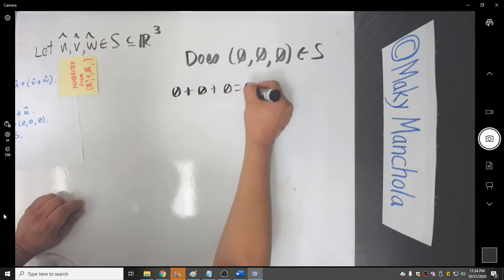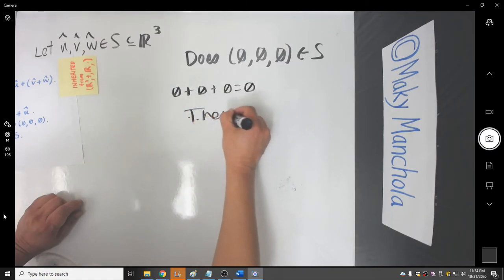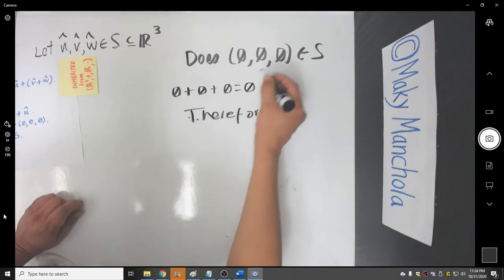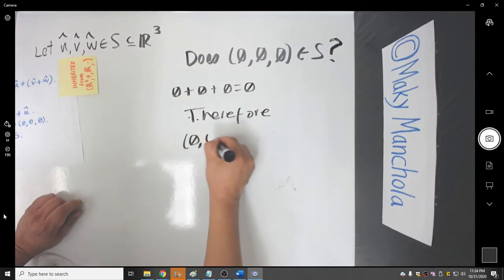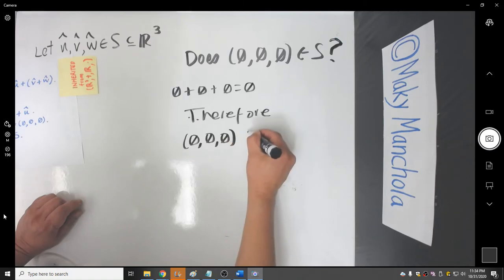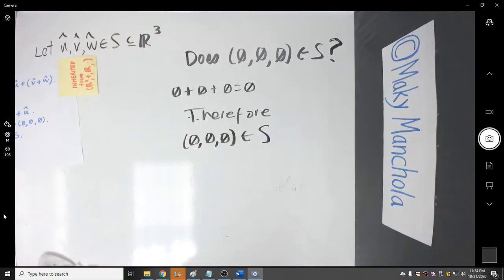The answer is 0. Therefore, let me write it in words. Therefore, it does belong to S. Theta does belong to S because when you add the entries of theta, the condition of S is satisfied. The condition of S is that adding the entries gives the result 0.